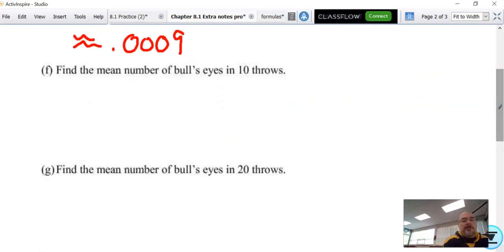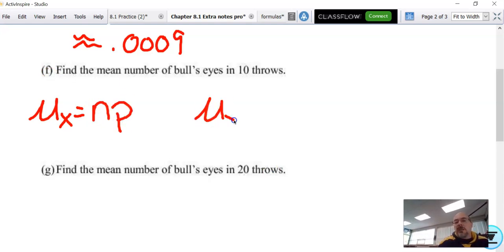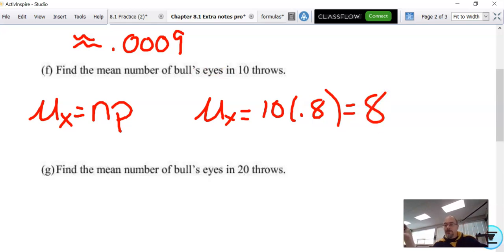Okay, find the mean. Oops, a little too enthusiastic there. That's just take n times p. So in this case, the mean would be 10 throws times 0.8. So 8. The mean, the expected number of times to hit the bullseye out of 10 throws, is 8.